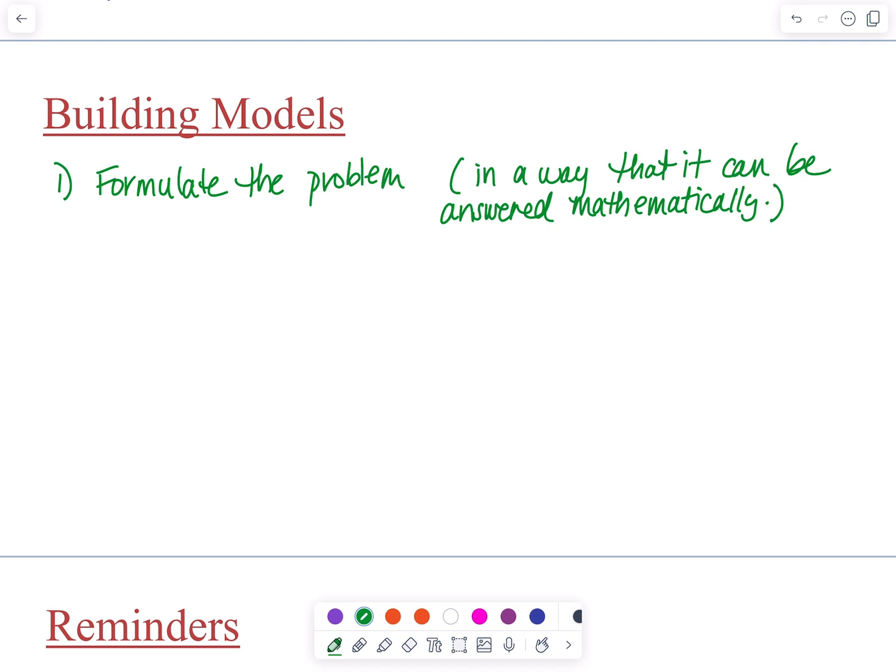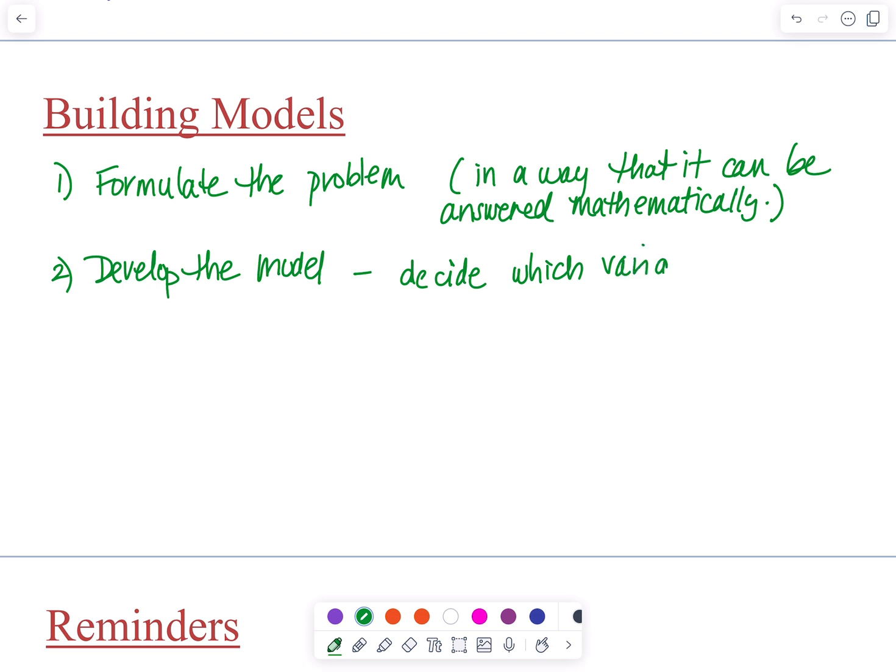And second, we will need to develop the model. And here, we will need to decide which variables to include, which ones we feel are important, and which ones are not.